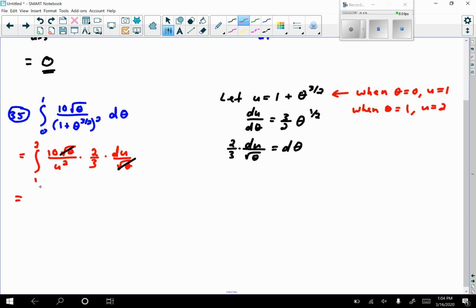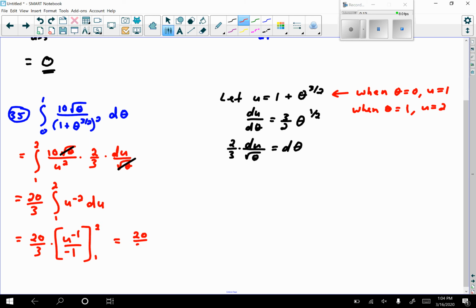I'm actually going to take this 10 times 2/3, giving me 20/3, pull that to the outside. Still have the 1 to the 2. Remember, those are the values for u. I'm going to write this as u to the -2nd du. So we get 20/3 times u to the -1st over -1, and that's from u equals 1 to u equals 2. Again, I'll just go across here.